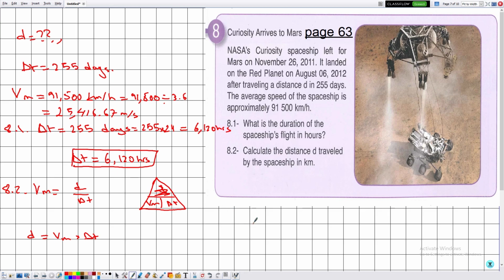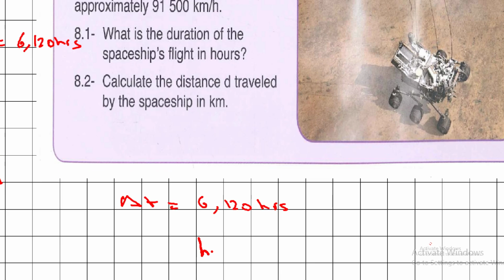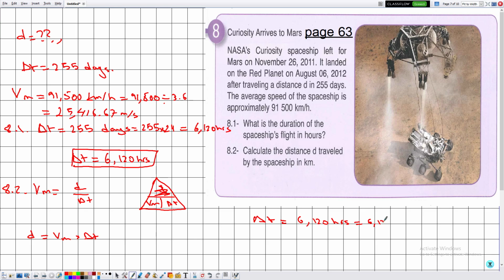As for the duration delta t, which is equal to 6,120 hours, in order to convert from hours into seconds, we multiply by 3,600, so 6,120 times 3,600 seconds. Why have we done so?